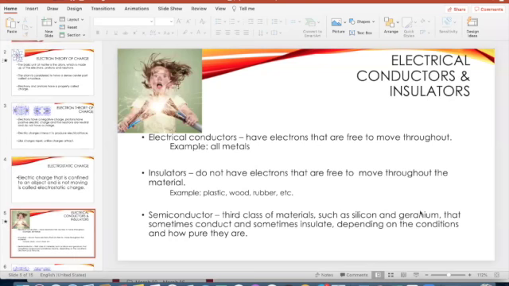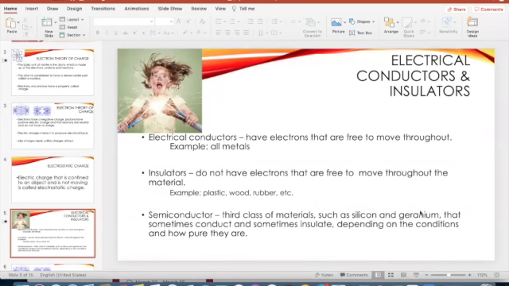All right, we also have electrical conductors and insulators. Your electrical conductors, these are your metals. This is what the electrons are able to move through. If you've ever had a charger that you had to plug your device into the wall outlet, inside that little plastic, circular part of the charger is metal.